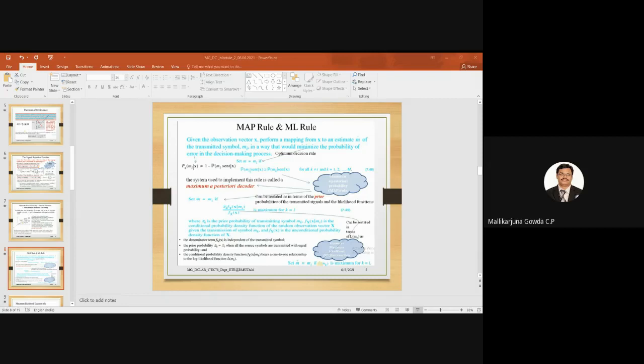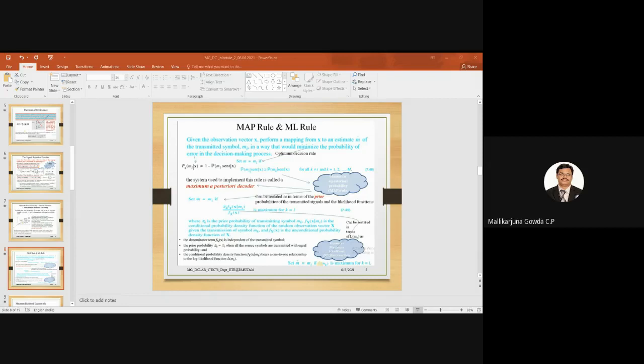So this can be restated in terms of the log likelihood function L of mk. Because the denominator is independent of the transmitted symbol, the prior probability pi k can be made equal to pi i when all the source symbols are transmitted with equal probability, and the conditional probability density function f x of x given mk bears a one-to-one relationship with the log likelihood function, as I said.